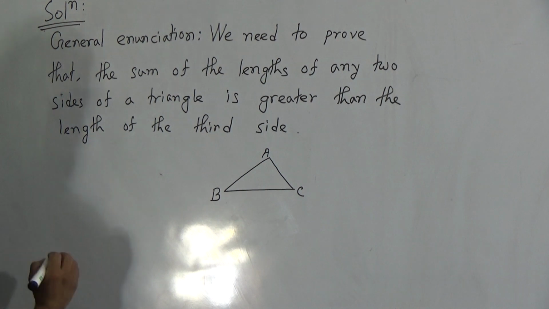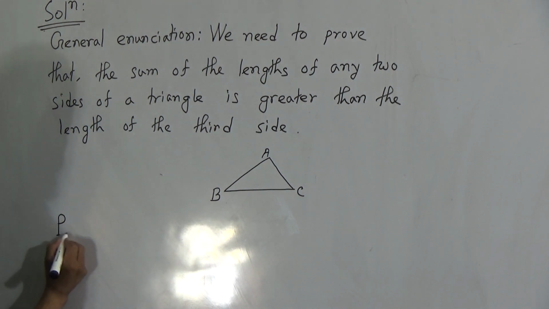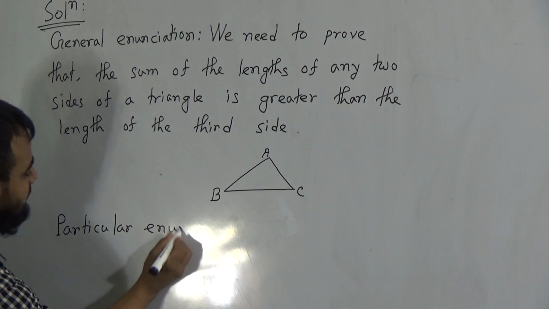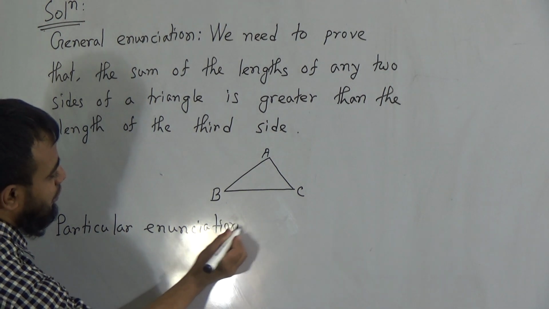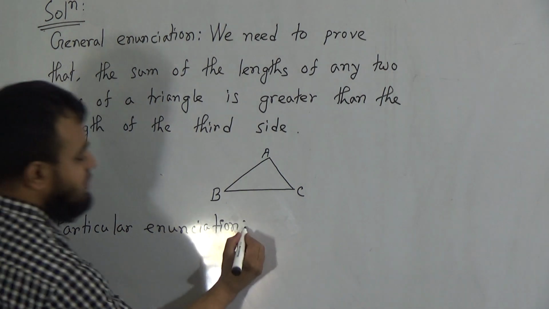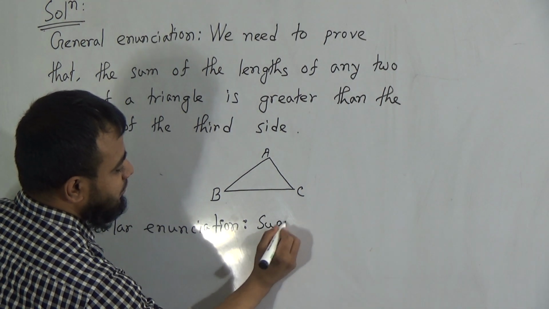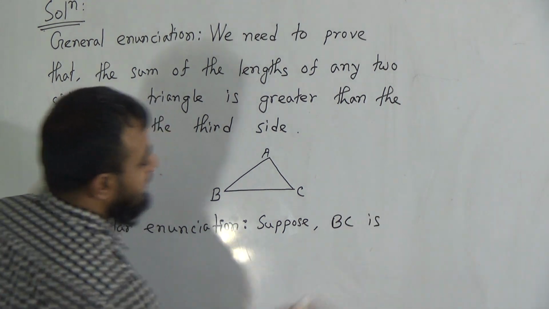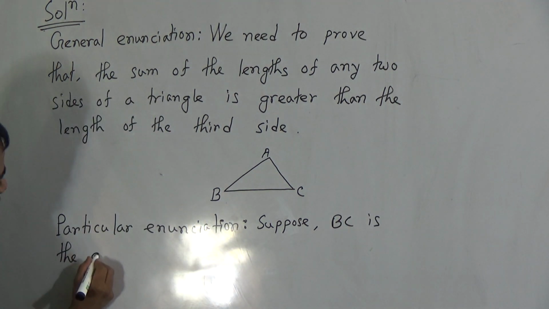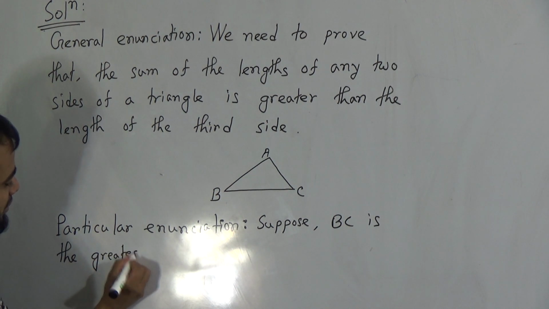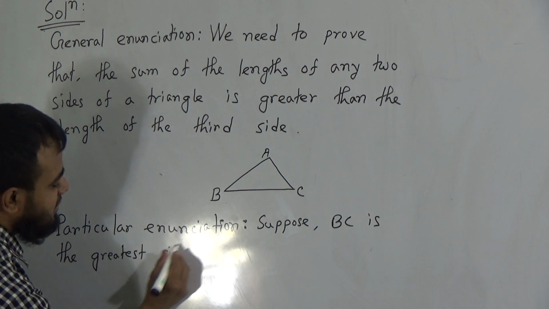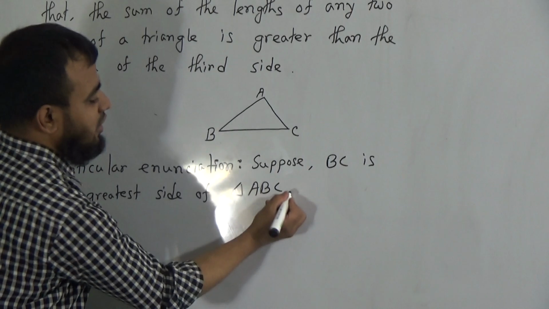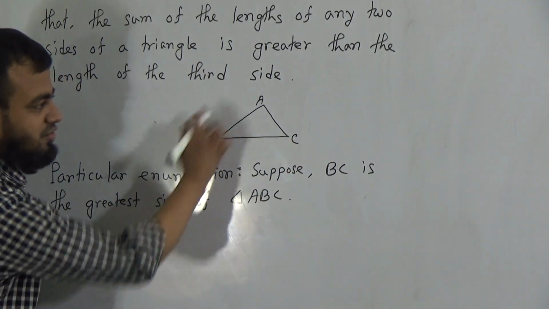So now write down the particular enunciation. After that you should write down the particular enunciation. The particular enunciation is: we suppose BC is the greatest side of triangle ABC.